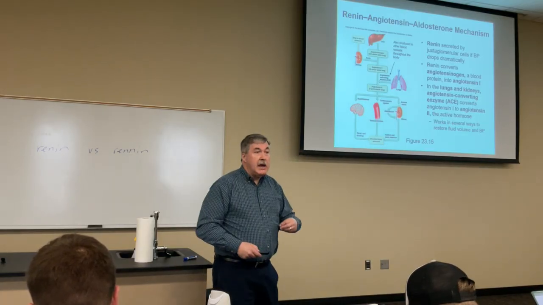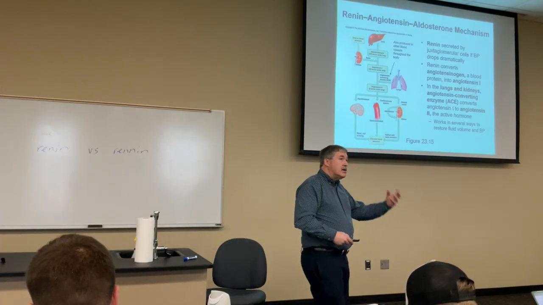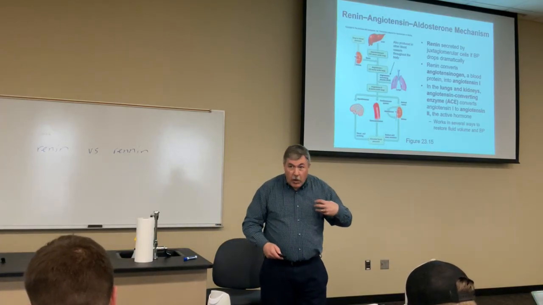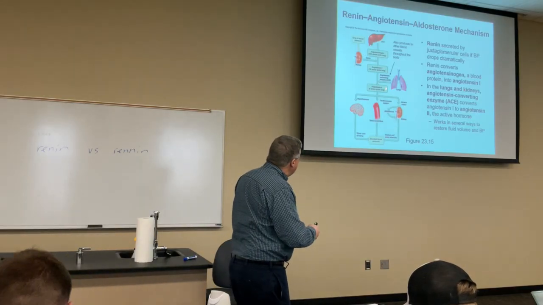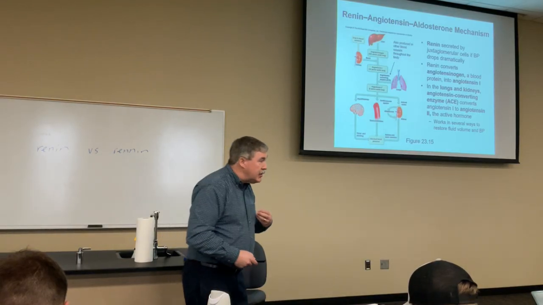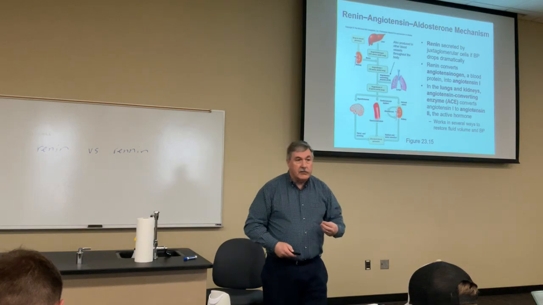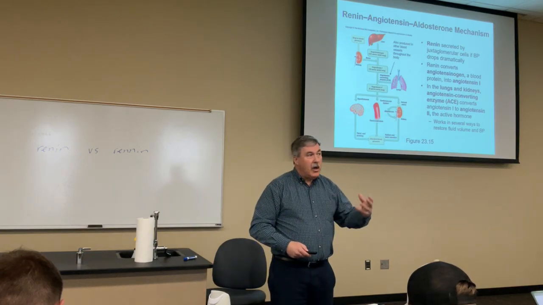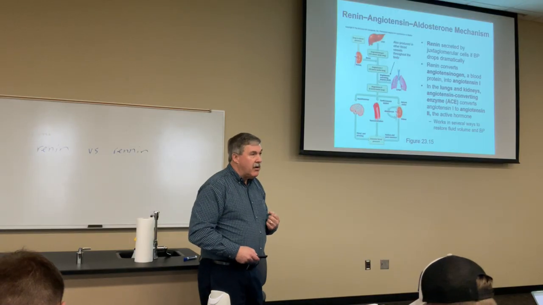It also stimulates the release of antidiuretic hormone, which causes more reabsorption of water by the kidneys. And angiotensin-2 stimulates aldosterone, which increases both sodium and water reabsorption in the distal convoluted tubules. Okay, so all those things help to bring blood pressure back up, which increases GFR.